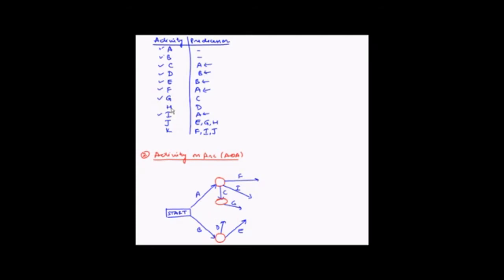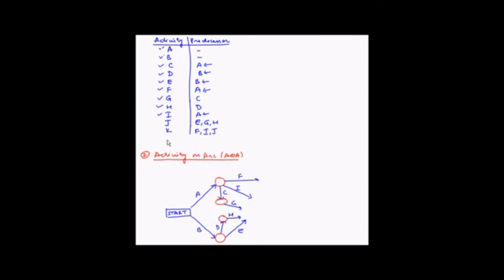Next is H, which is dependent on D, and there is no other activity which is dependent on D. So let's draw H. So first we'll draw the node at the end of D, and then let's draw the activity H. So we have completed H also.